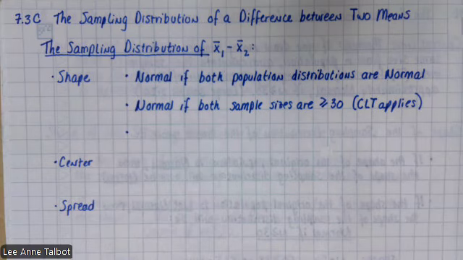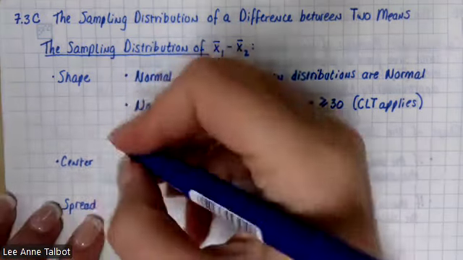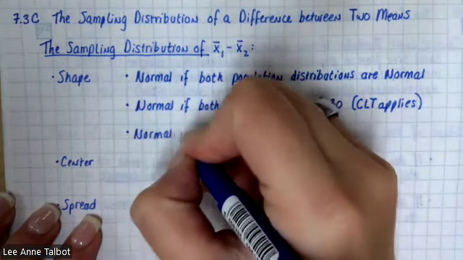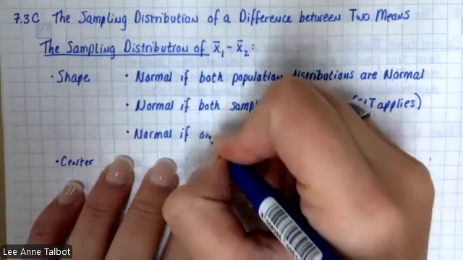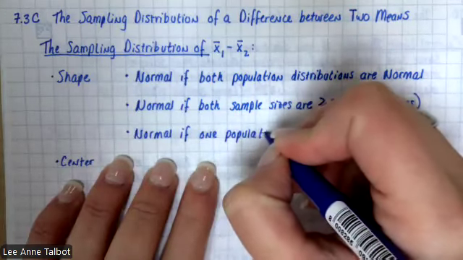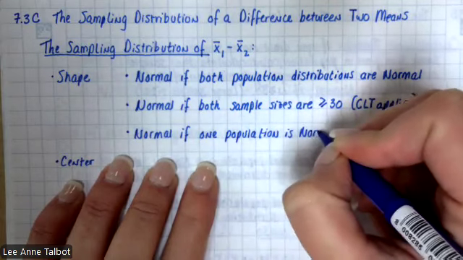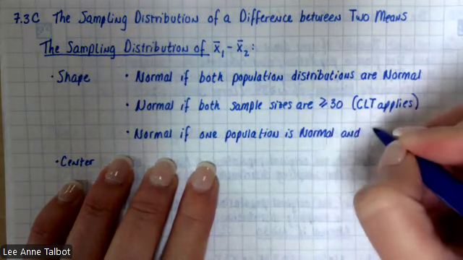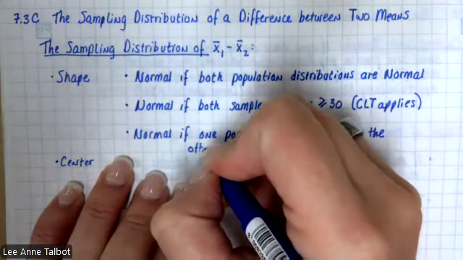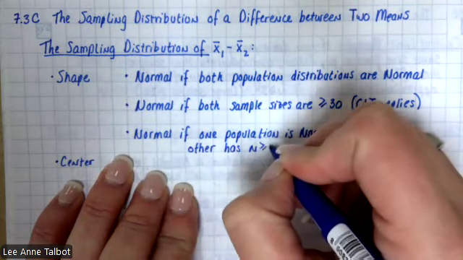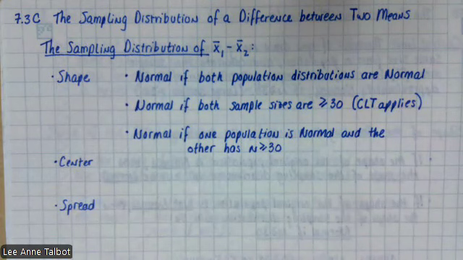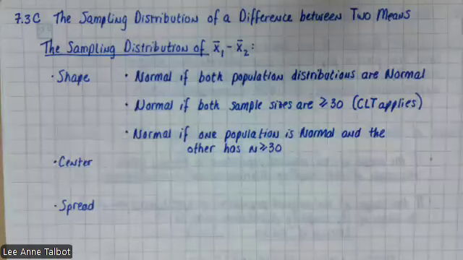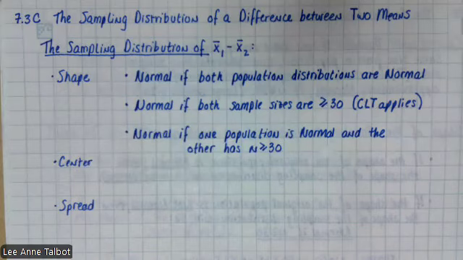Okay, third option. Just because you're dealing with 2 populations, one of them might say normal and one of them might say skewed or something else, but still has its sample size greater than or equal to 30. You still get to say normal.